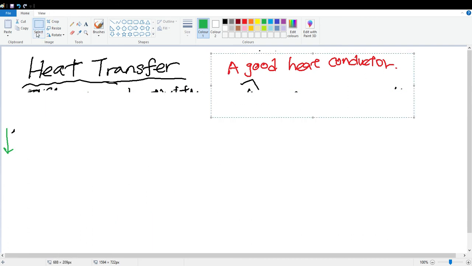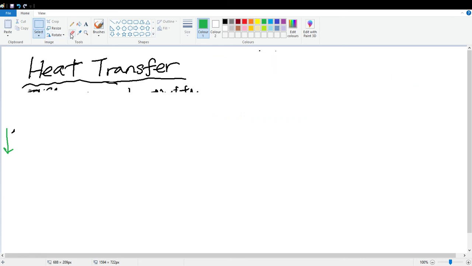So let me just erase all this. Okay. So let us just continue about the thermal. Okay, so let me change the color.